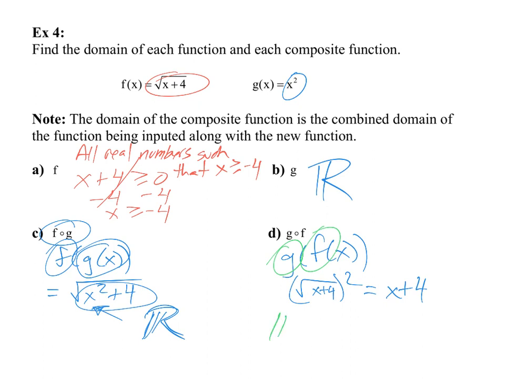So originally I started with all real numbers, but now it's restricted by what I've inputted. So the domain here is all real numbers such that x is greater than or equal to negative 4. This is a little tricky, but just follow these two examples and compare the two, and it shouldn't be too difficult for the concept to sink in.